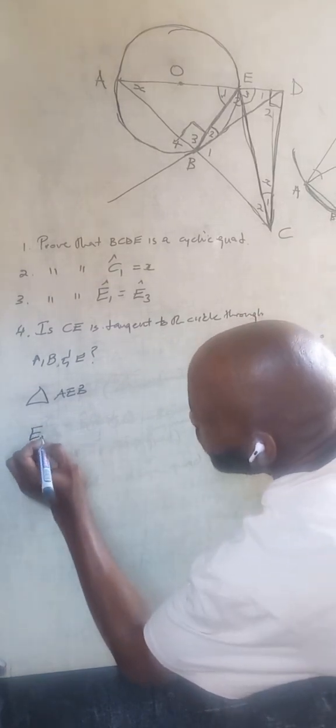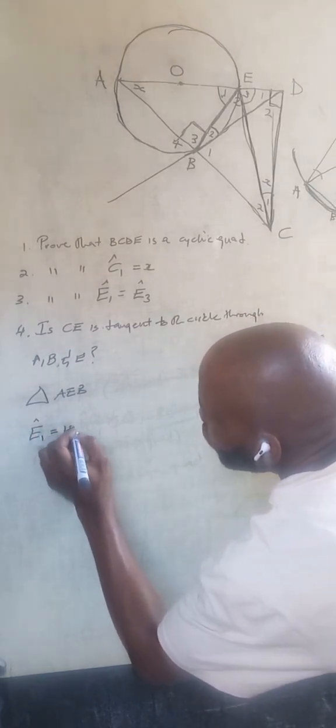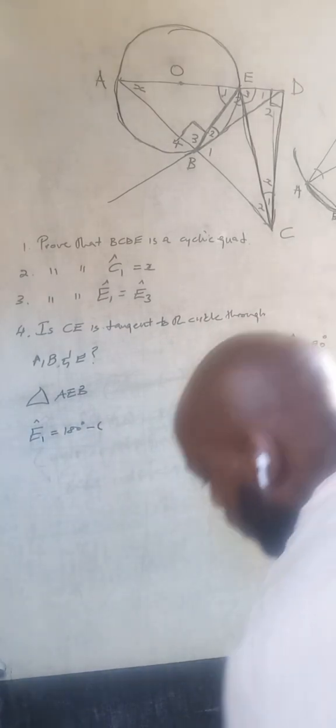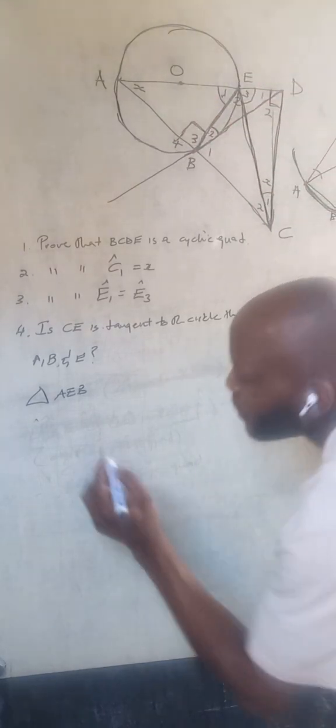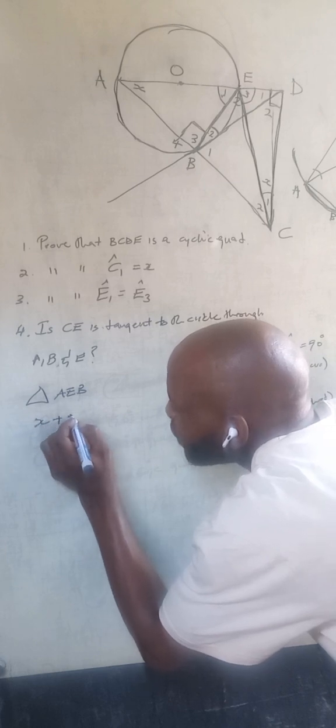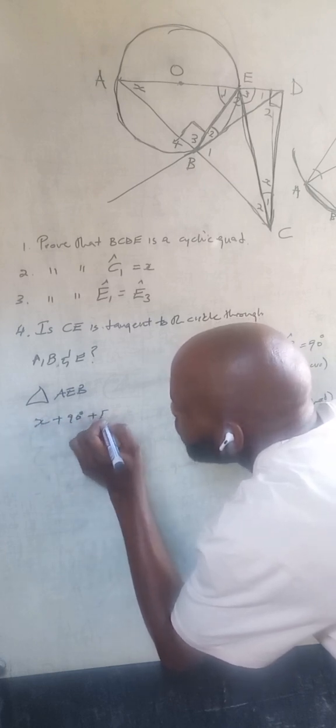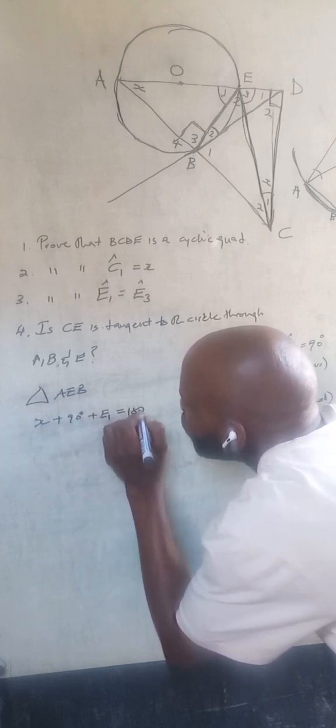that angle E1 is equal to 180 degrees minus... Okay, let's do it step by step. We know that angles of a triangle add up to 180 degrees. So angle x plus 90 degrees plus E1 equals 180 degrees, right?